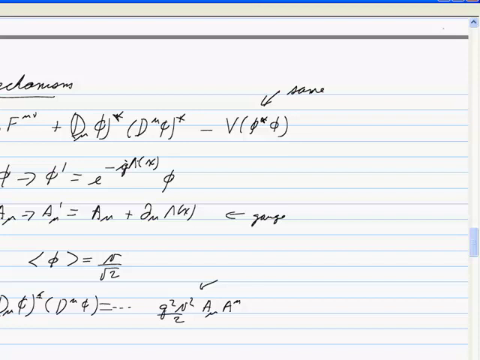And this gives a mass to the photon of qv. Okay, so that part you worked out, and that part's unchanged.